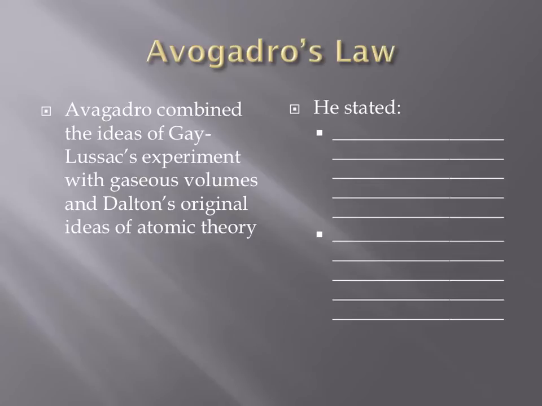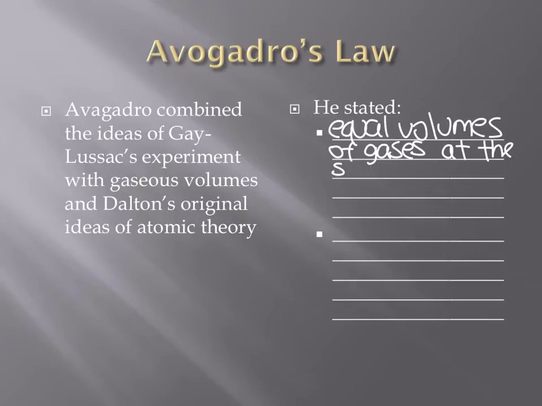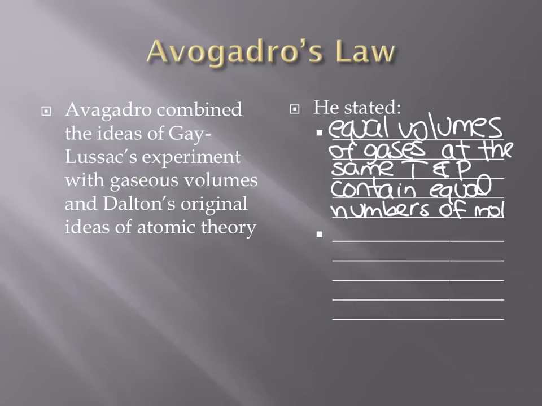What he came up with was that equal volumes of gases at the same temperature and pressure contain equal numbers of molecules, no matter what type of gas it is.